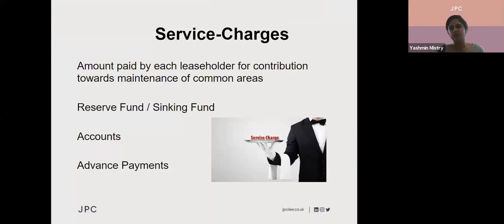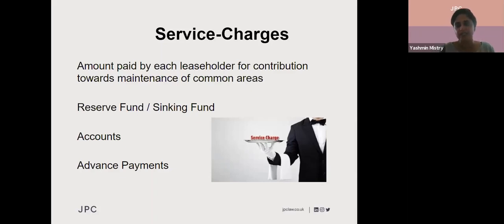The service charge provisions, whether that's in the main body of the lease or in the schedules, will also deal with how the accounts should be dealt with, and whether advance or one-off payments can be collected through the lease term. Service charges are normally paid quarterly or six-monthly in advance.